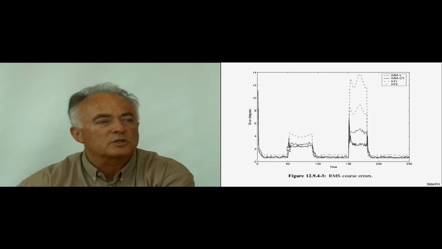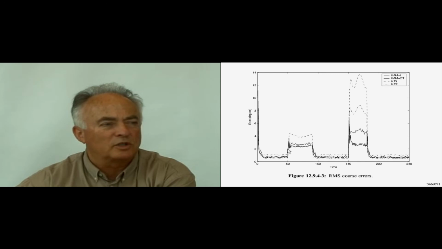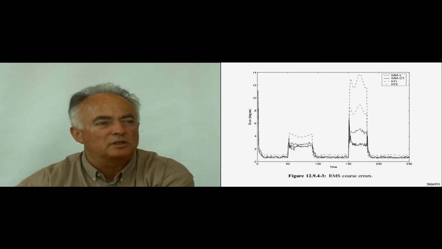When it maneuvers, it seems to lag, has a small transient, then it is about 3 degrees. It cannot catch up until the turn is finished. Nevertheless, it is still the best of all the filters.